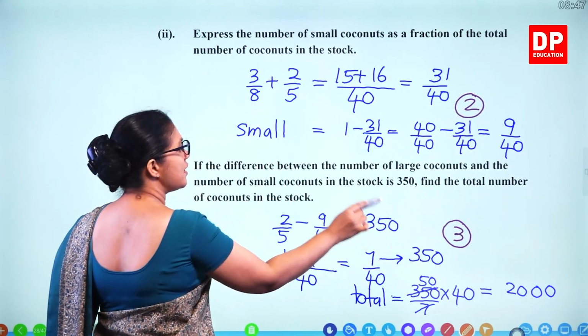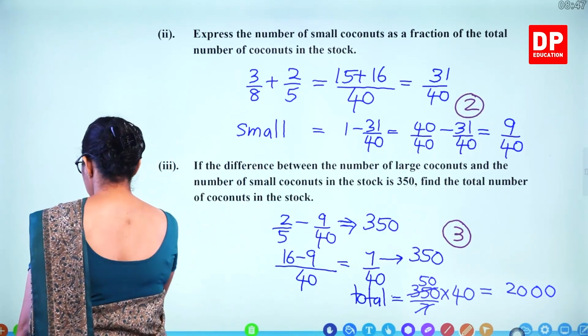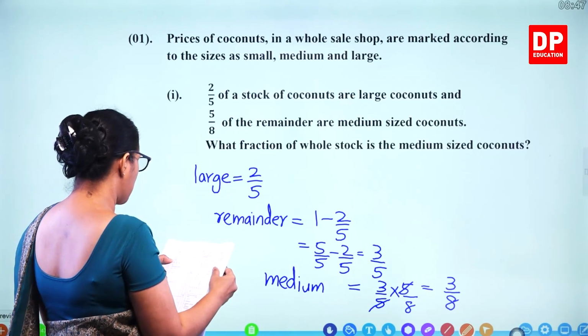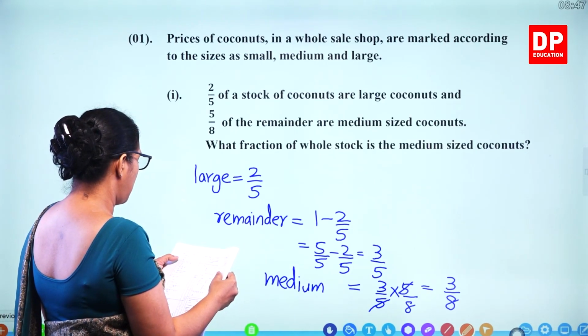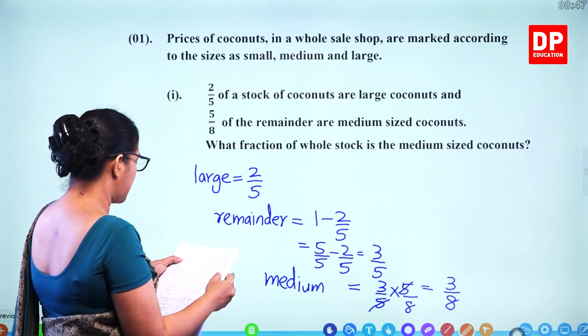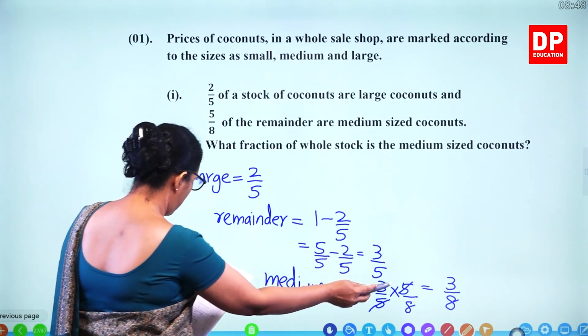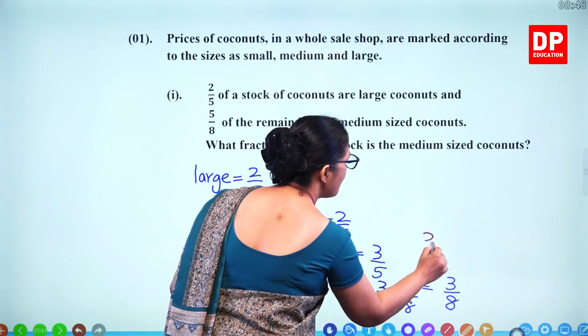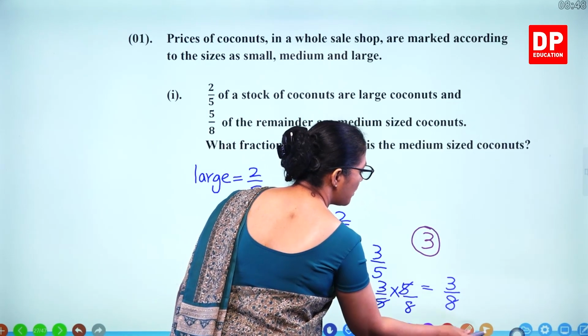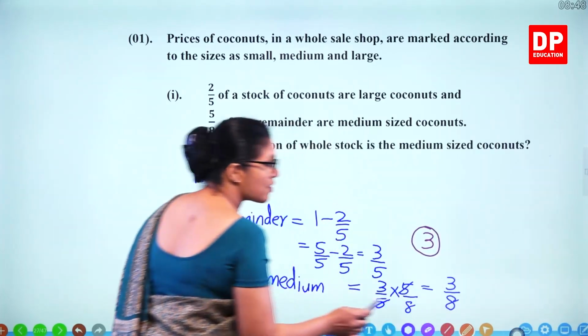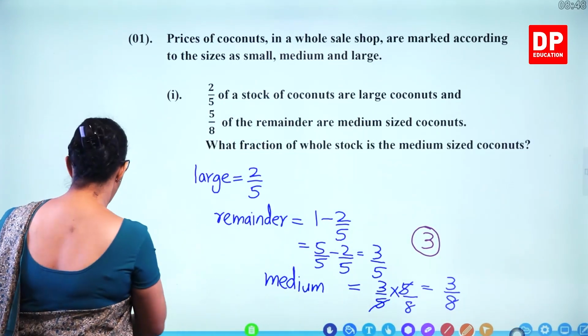So 2, 3, 5, 7. And the first part, 3 marks: 3 eighths, and 3 over 5 is the remainder, and 3 eighths. So 3 marks for that. So total marks, 10 marks for each question.